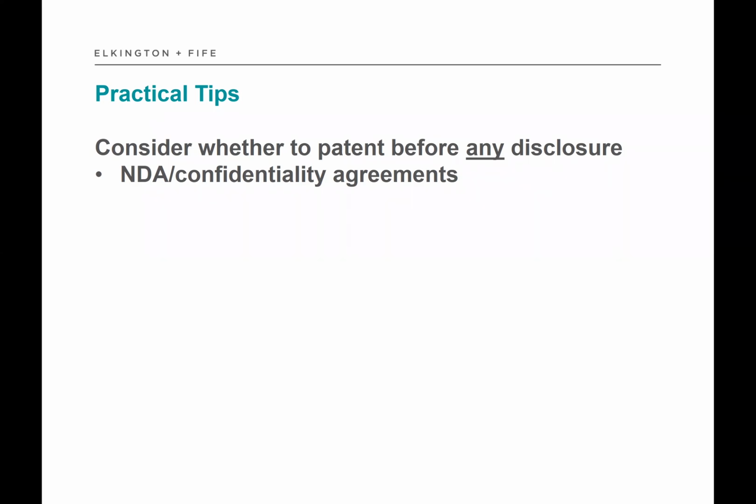If you're in that position, make sure there are non-disclosure agreements or confidentiality agreements in place before you tell people about the invention, and make sure that it's clear that it's in confidence, because then it's not a disclosure. But to be safe, it's better to decide whether or not to apply before that happens.